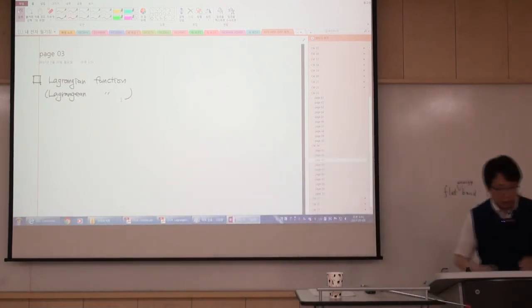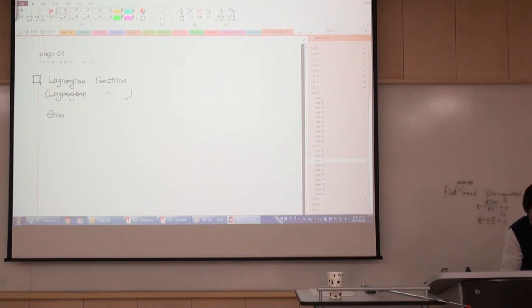The idea is this. Given a constrained optimization problem with inequality and equality functions such that the explicit set omega is this one.